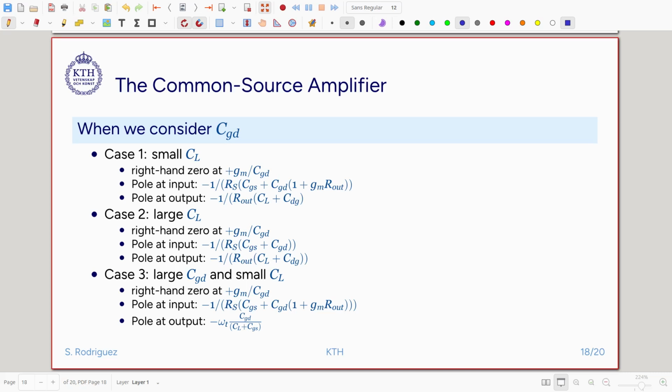Okay, now what happens when we take into consideration the CGD? So the model will be a little bit different.